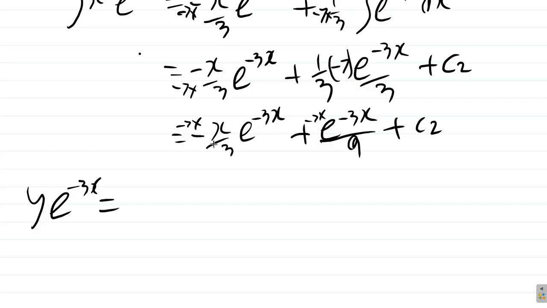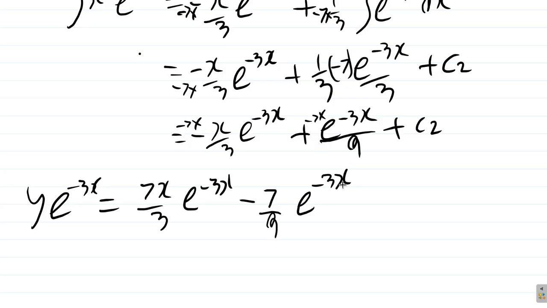Alright, now negative 7 by negative x is going to be positive 7x over 3 e to the negative 3x, then minus 7 over 9 e to the negative 3x, plus negative 7 c2.